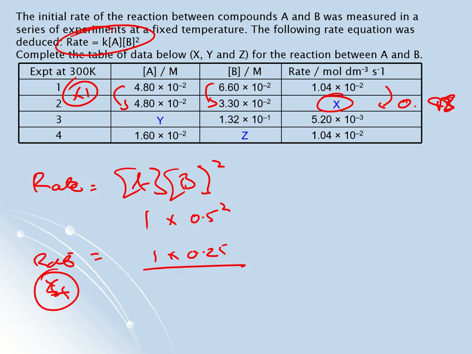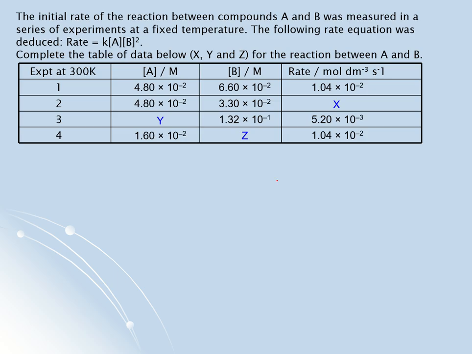I'm going to double check that. 1.04 times 10 to the minus 2 divided by 4 equals, yeah, it was wrong. I think I had not put in the minus 2. So that comes out at 2.6 times 10 to the minus 3. So it is that divided by 4. Just a wee lesson there, guys: if you do put an answer in and it does not look right, recalculate.